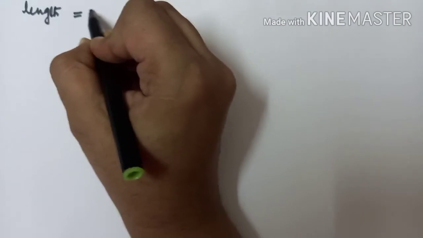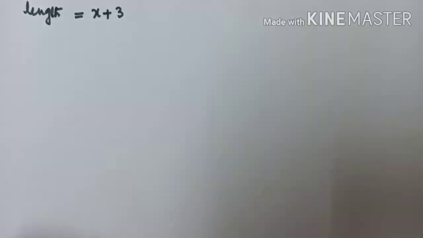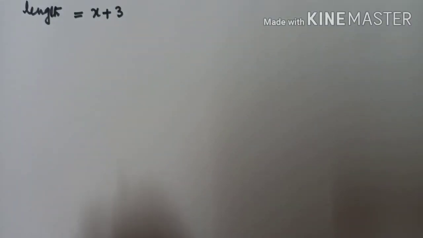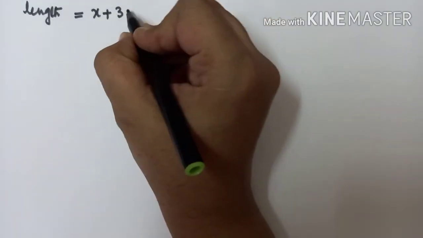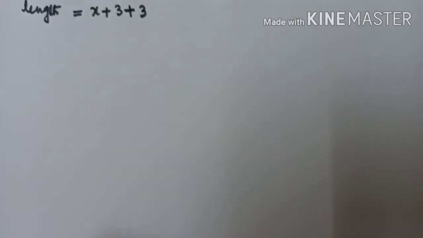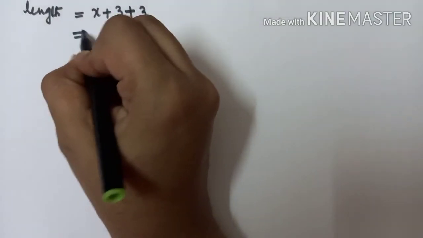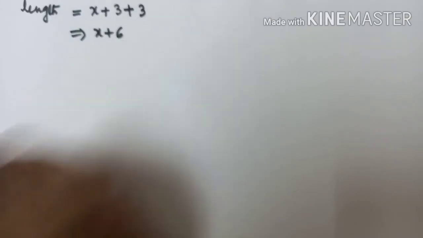Length is x plus 3, but it is given that length is increased by 3 meters. Once again we have to write plus 3. So that will give you x plus, actually 3 plus 3, it will be 6.